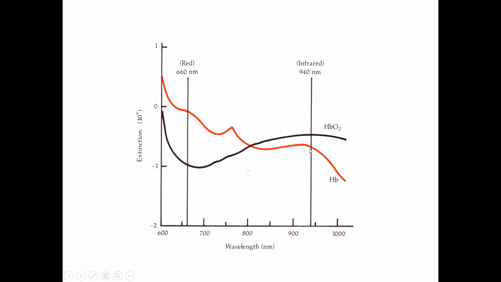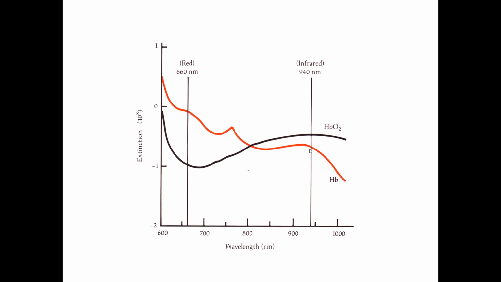So at both wavelengths we have absorption by oxygenated hemoglobin and deoxygenated hemoglobin. The difference is that at the infrared, the oxyhemoglobin will absorb more infrared.